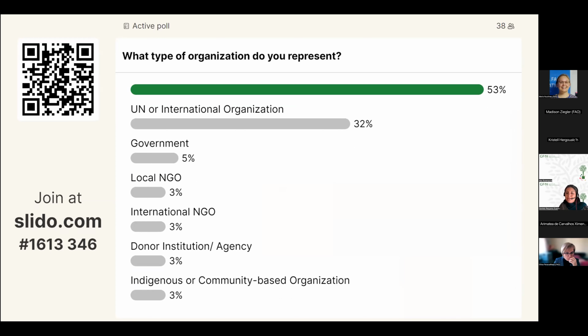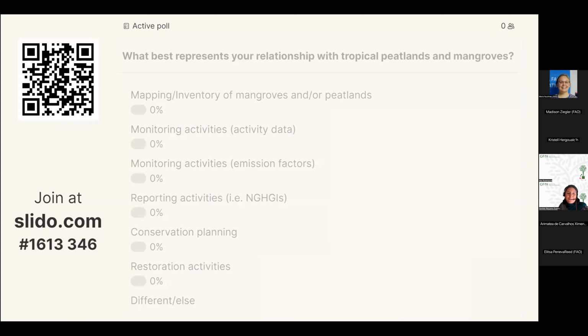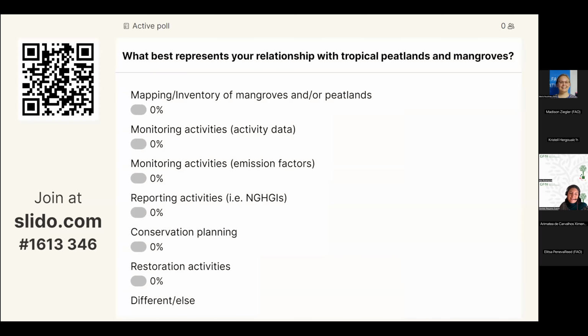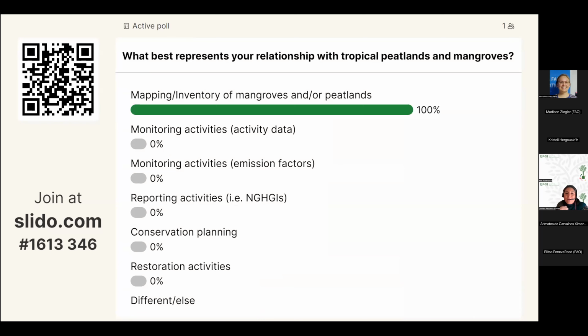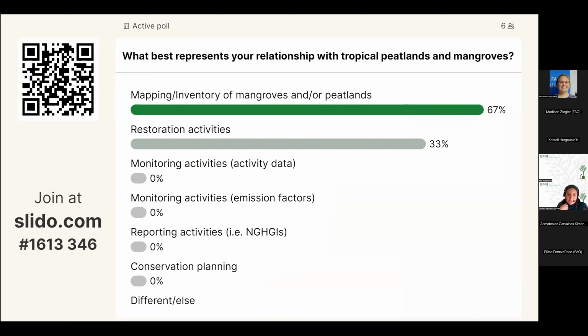I will keep this question open in the meantime, but I would also like to move on to the second question, which relates to the topic of today, and basically includes our relationship with tropical peatlands and mangroves within our work activities. We would like to know how you engage or how you relate to these ecosystems within your jobs.